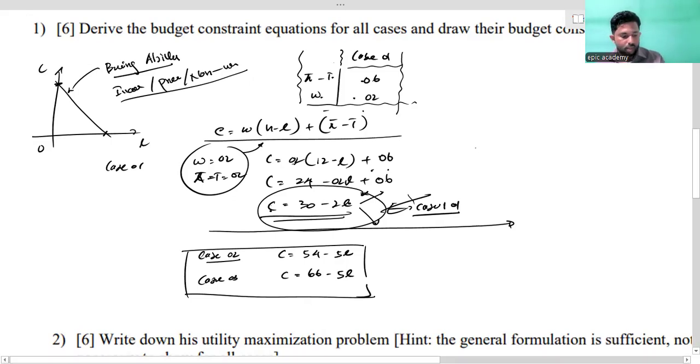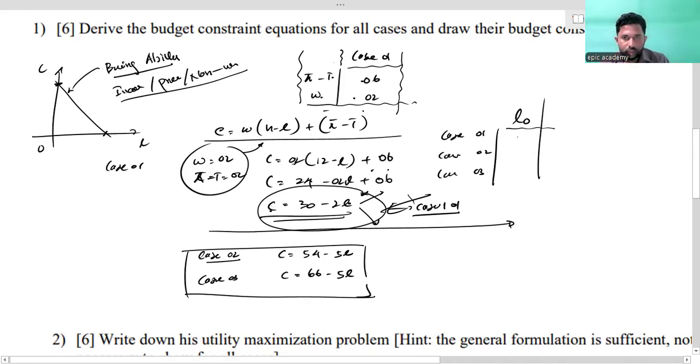Right. Case 1, case 2, case 3. You already got the idea. We are going to get 3 values for L. If L becomes 0, what happens to C? C becomes 30, 54, and 66, isn't it?